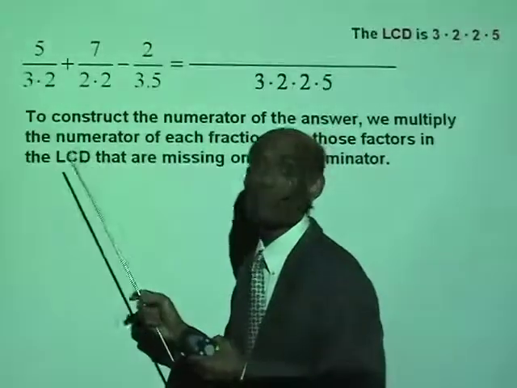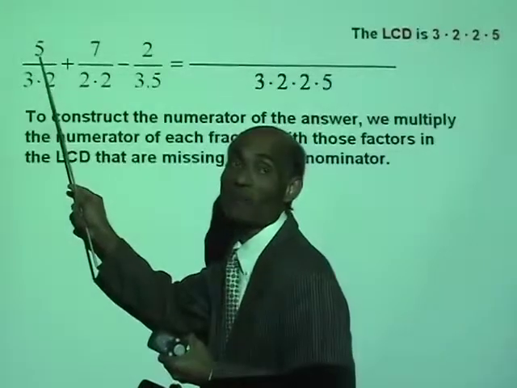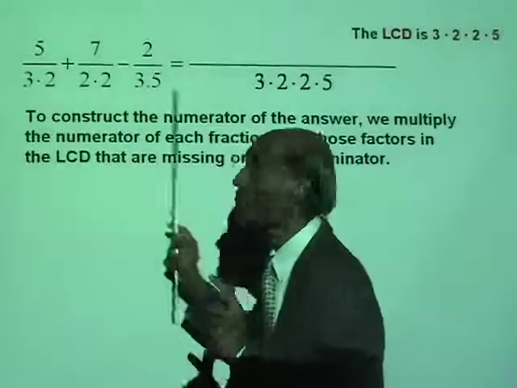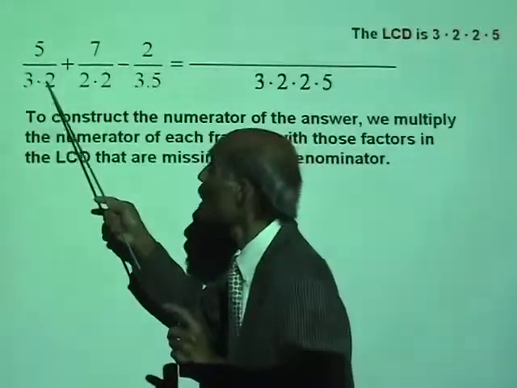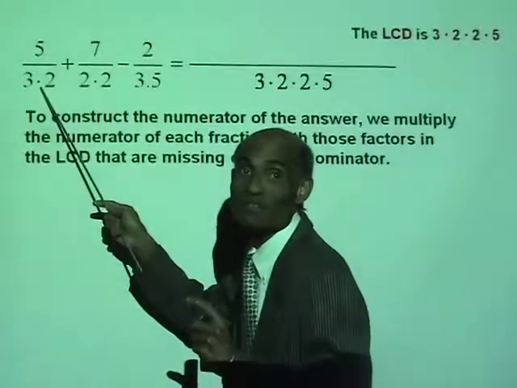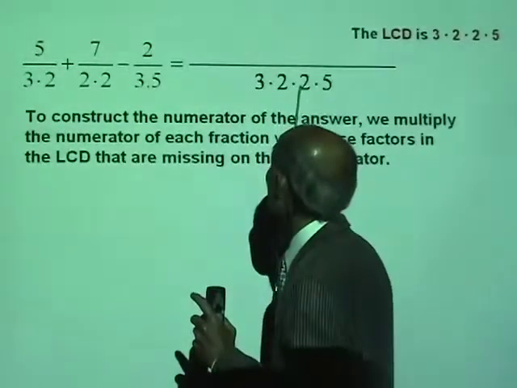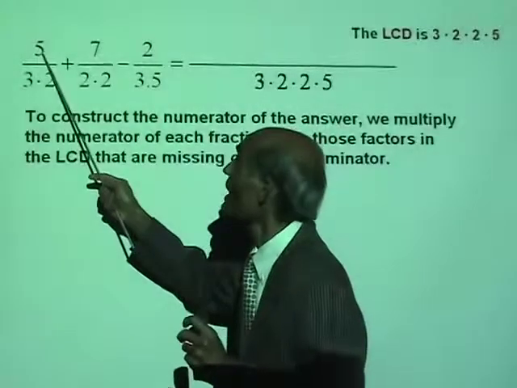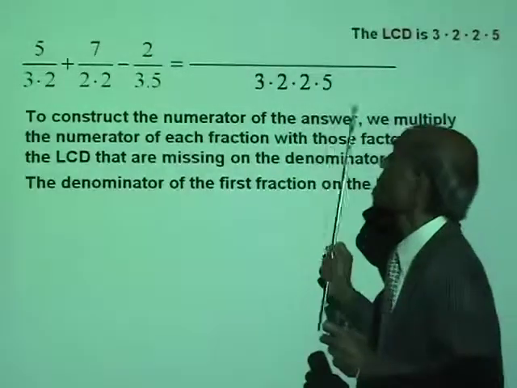For example, what is 5 going to be multiplied by? 5 is going to be multiplied by those factors in the LCD that are not in this denominator. 3 times 2 is there. 2 times 5 are not there. So this 5 is going to be multiplied by 2 times 5.